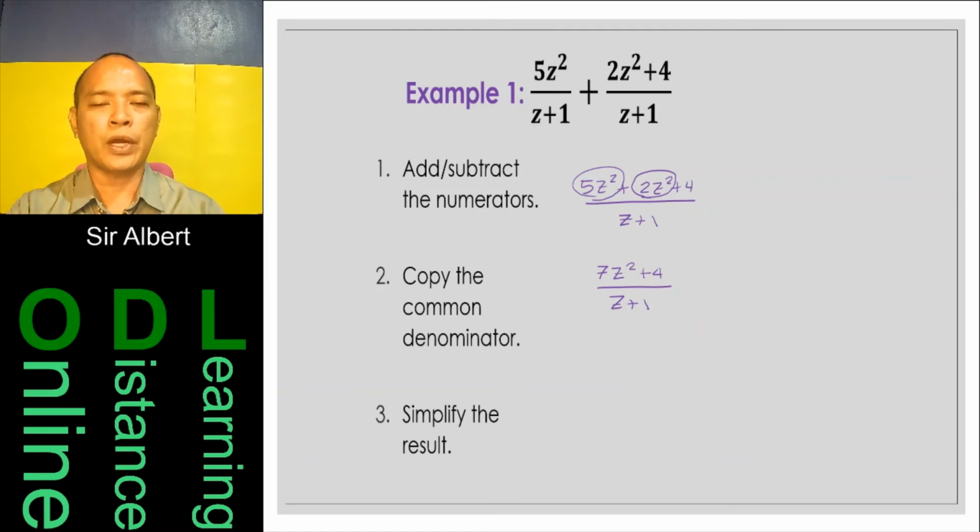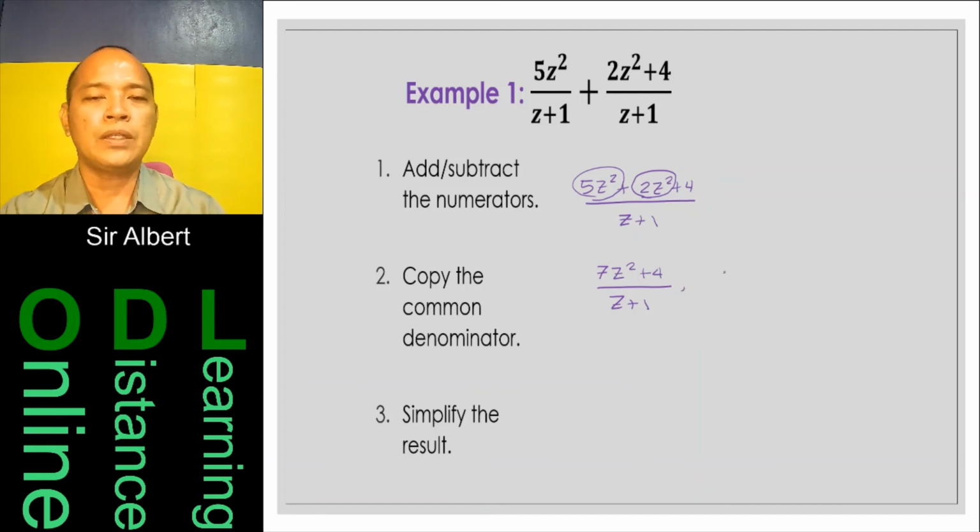And up to this point, the way we added this rational expression is the same as the previous example on how we added similar ordinary fractions. The difference though when you work with rational expressions is that your final answer comes with a restriction.